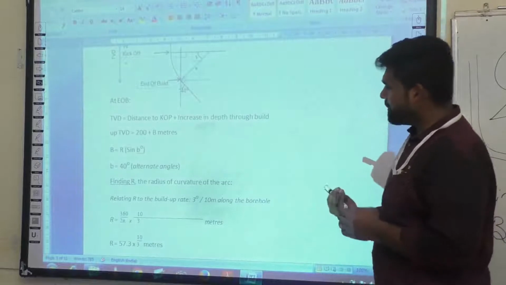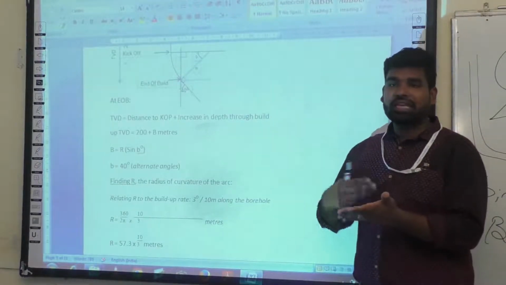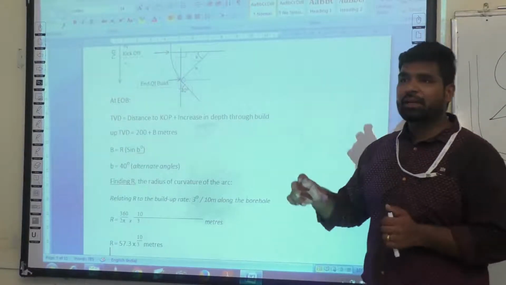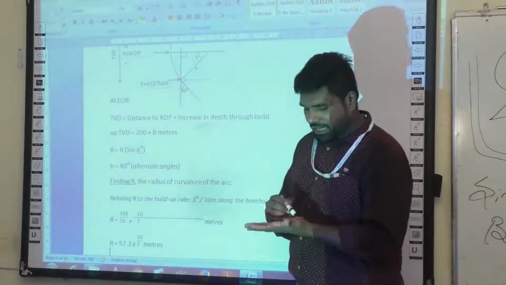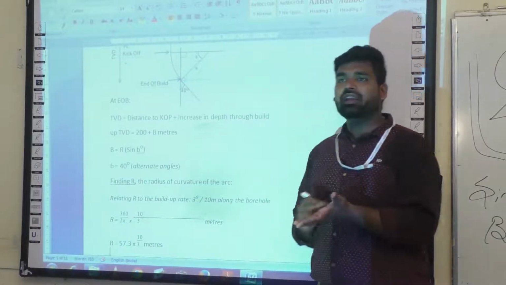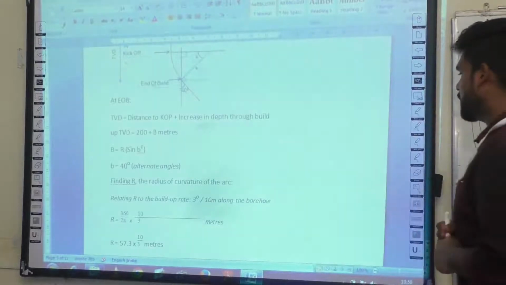Okay, so every 10 meters you are increasing the build by about 3 degrees. You are increasing the build 3 degrees for every 10 meter in the build-up section. So they are telling like every 10 meter you are going to build up or increase the angle by about 3 degrees. So with this you can find your radius of curvature.